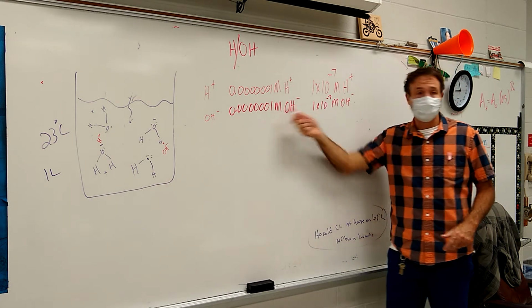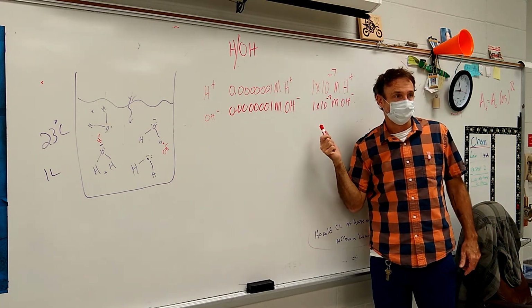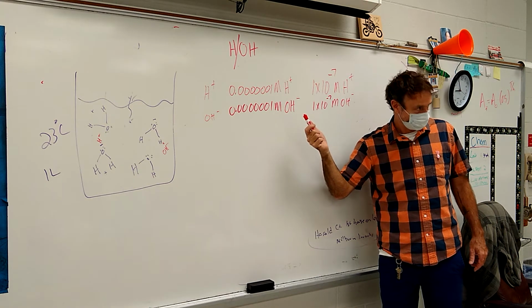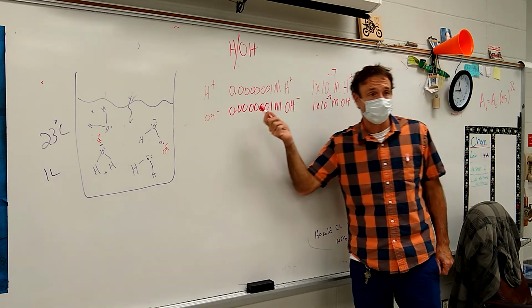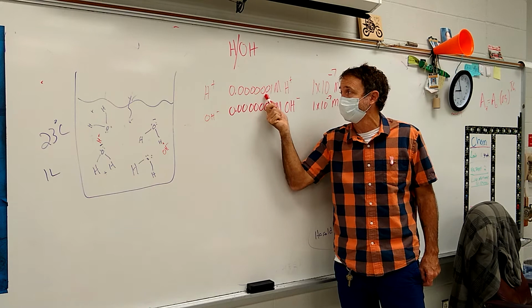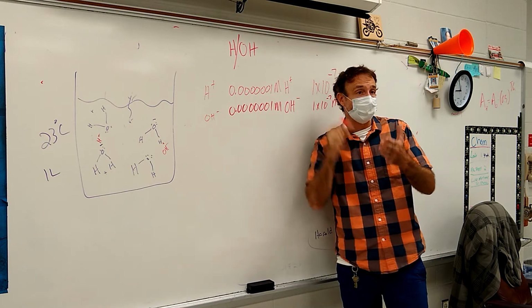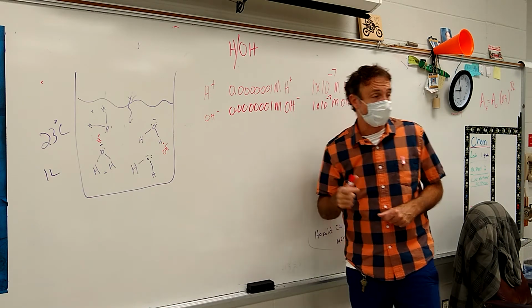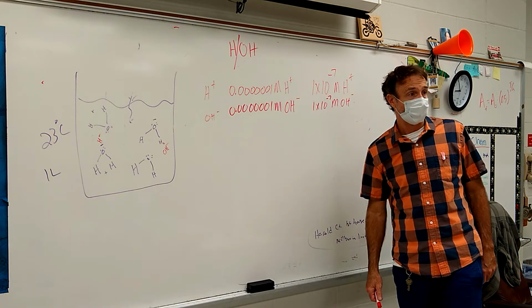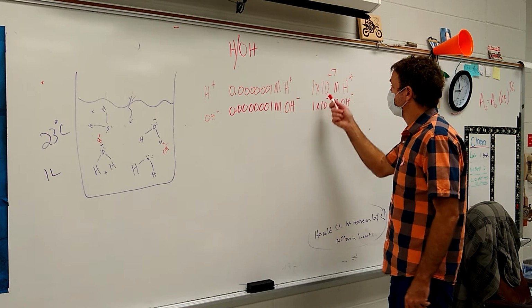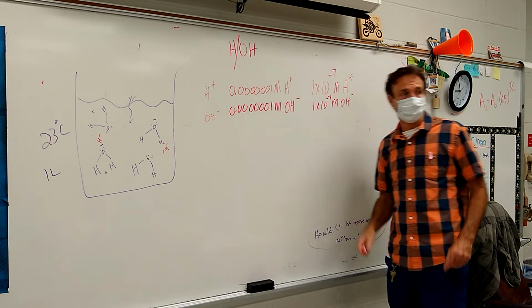You have to understand this already, right? Say yes. I understand this. If you don't, you can take your calculator and hit 0.0000001 and then hit second EE, and it will say 1 times 10 to the negative 7. Okay? So 1 times 10 to the negative 7 molar.